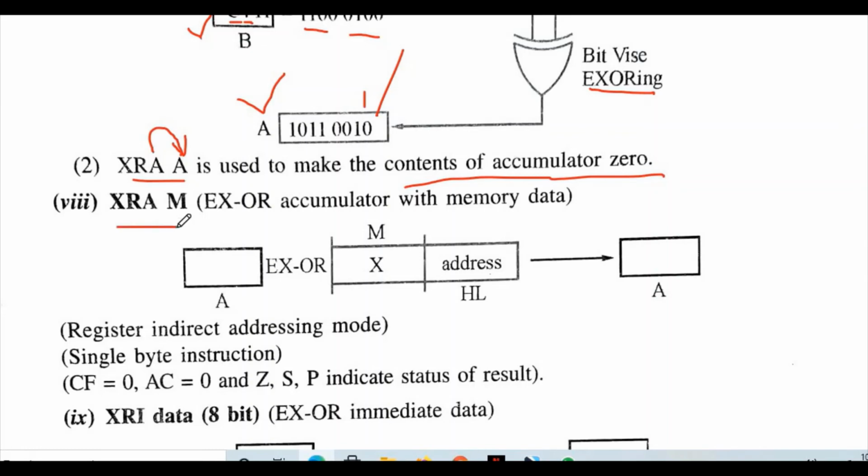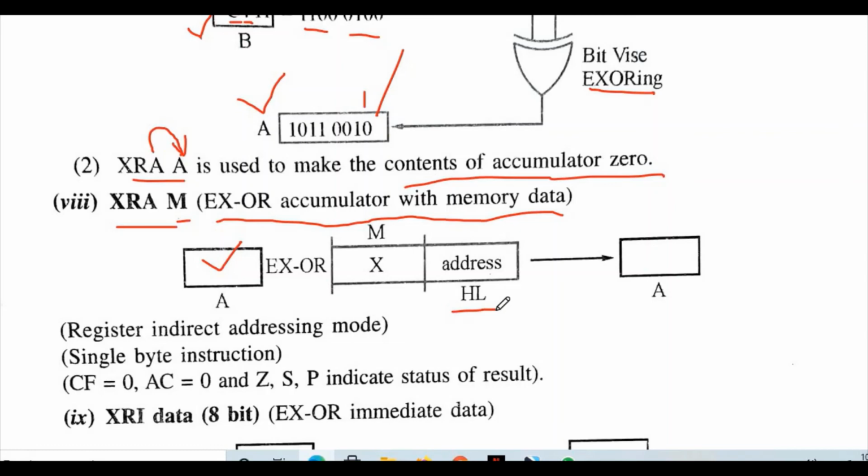So as soon as this instruction is executed, the microprocessor will see the address in the HL pair. That address will be treated as memory, and the data stored at that memory will be exclusive ORed with the data of the accumulator, and after execution of this instruction the final result will be stored in the accumulator.